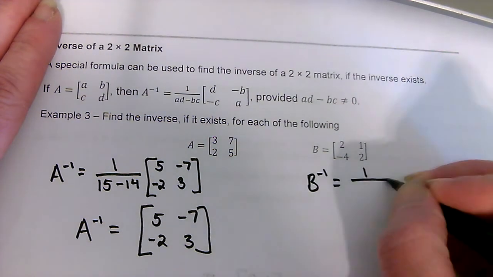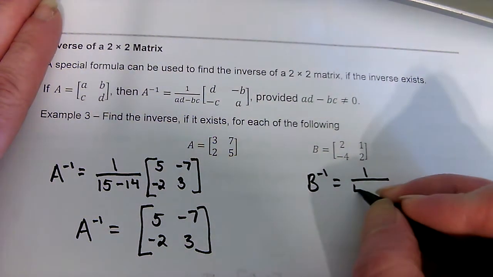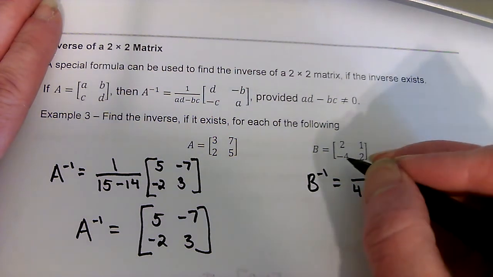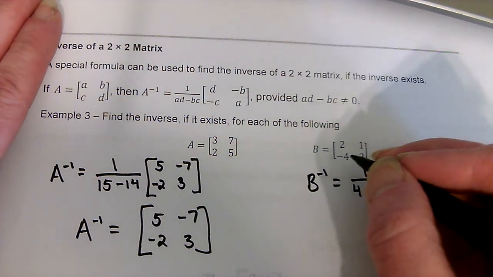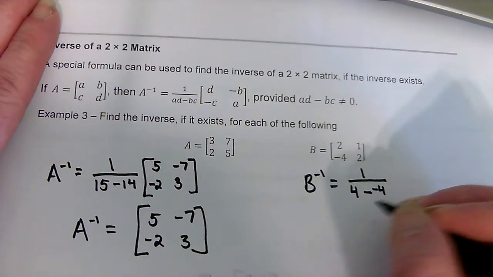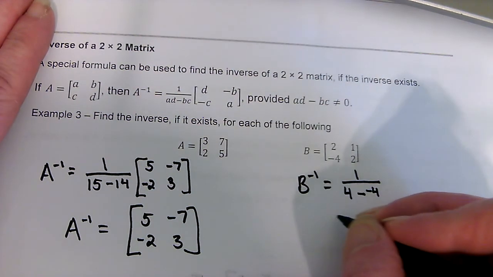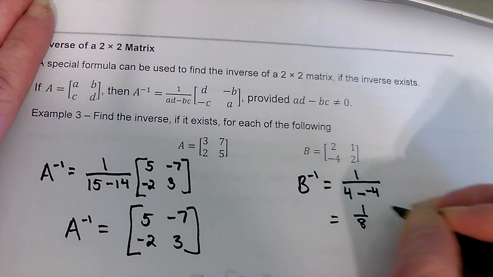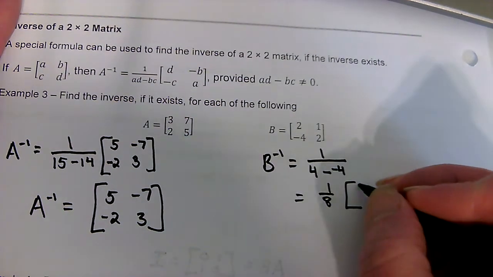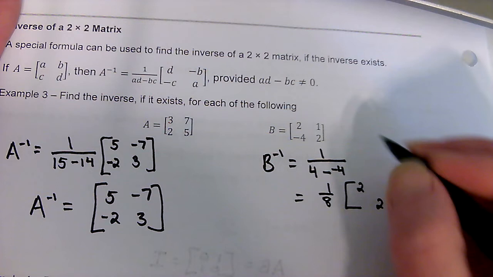1 over 2 times 2 is 4, minus 1 times negative 4, which would be a negative 4. So this is 1/8 of, we're going to switch the A and the D, which is still going to be 2, 2.